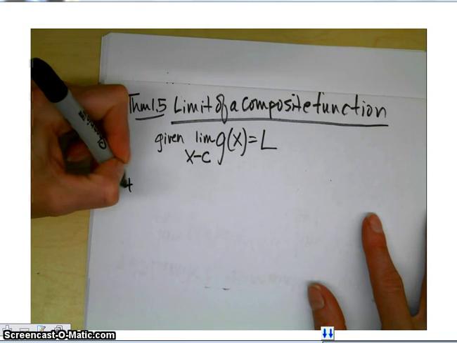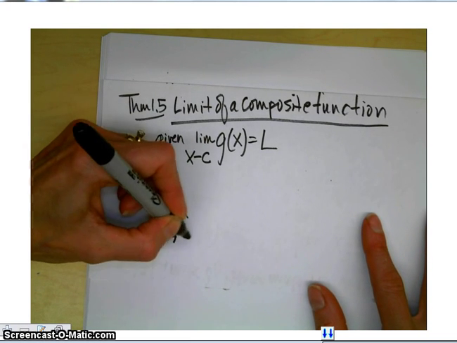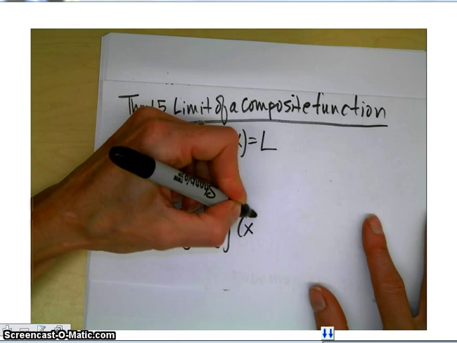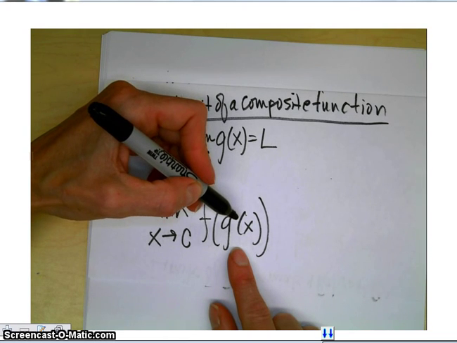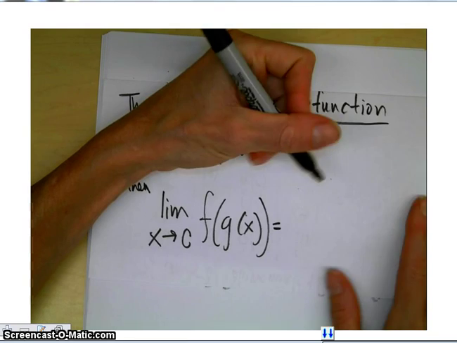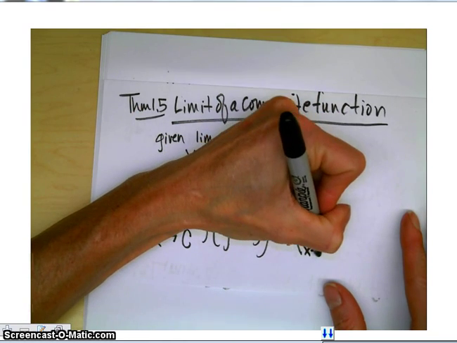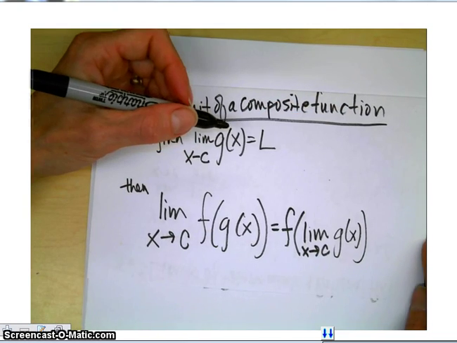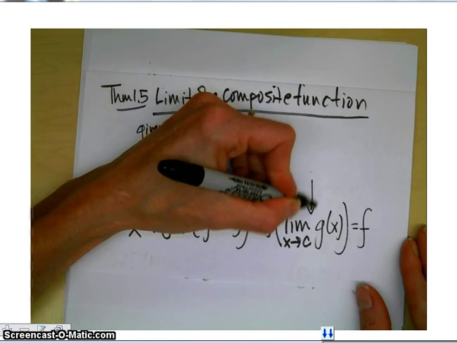So then the limit as x goes to c of the composite function f of g of x, where g of x is the inner function of some other function f, is equal to f of the limit as x goes to c of g of x, which would then be as simple as f of, what was this value equal to? L.